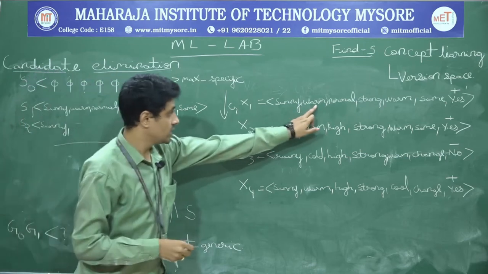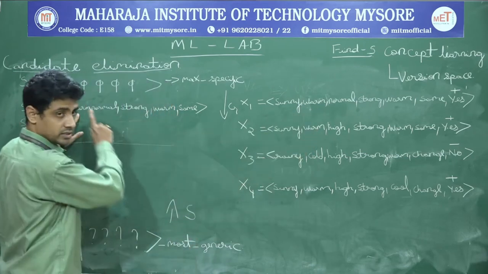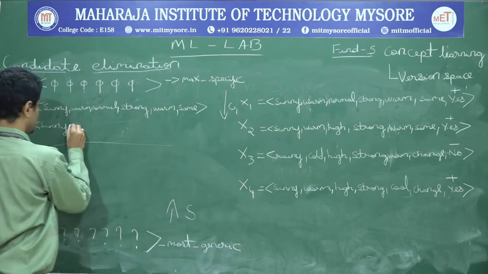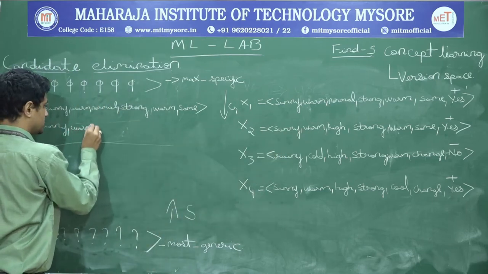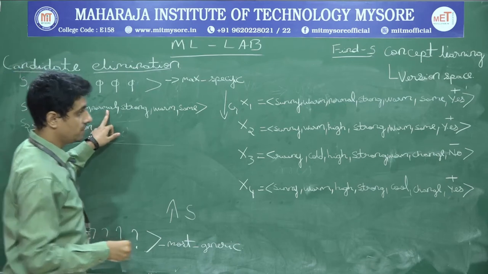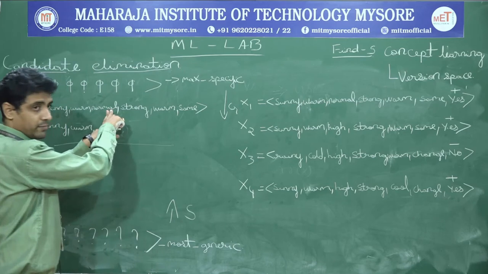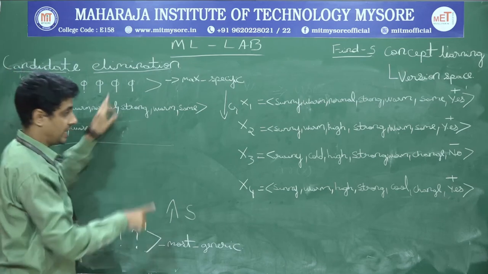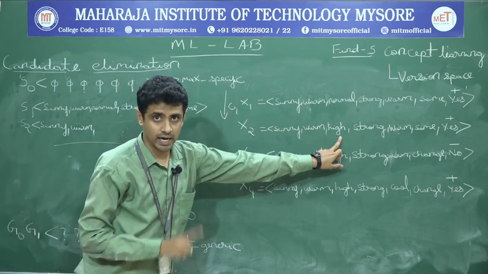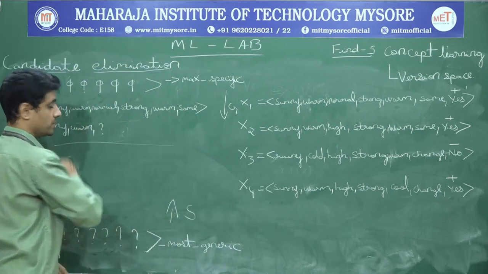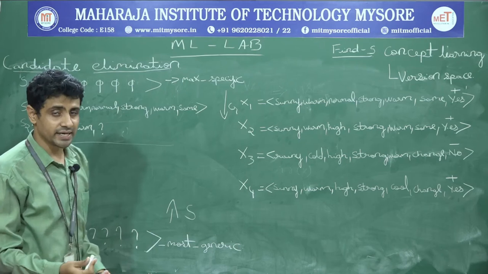Next, warm, warm, so keep as it is. Normal, high. Now we have a current hypothesis of normal, and the current instance has high. So replace with the question mark. What is it saying?